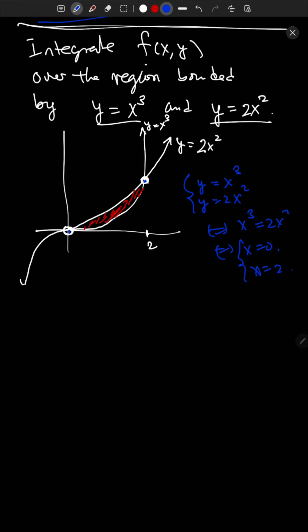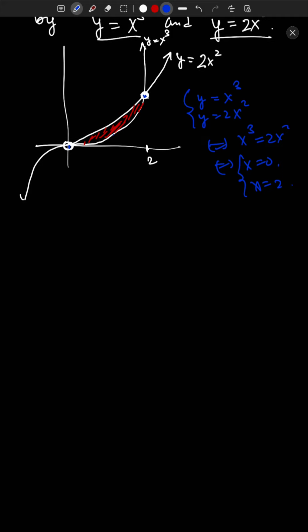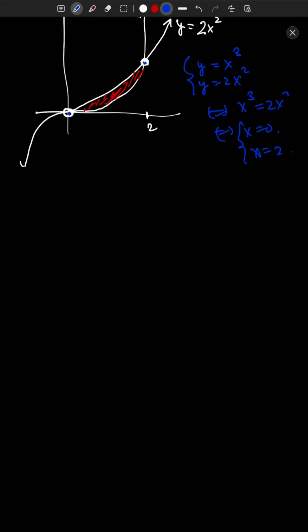Make sure you know which one is above the other, because when we do our limits of integration, it's going to matter which limit of integration is above the other. Okay, so let's set up our integral.